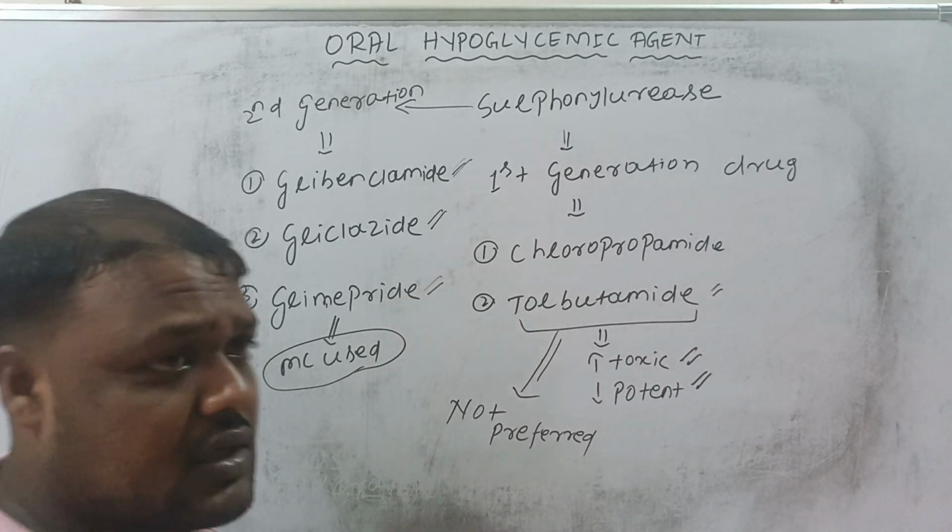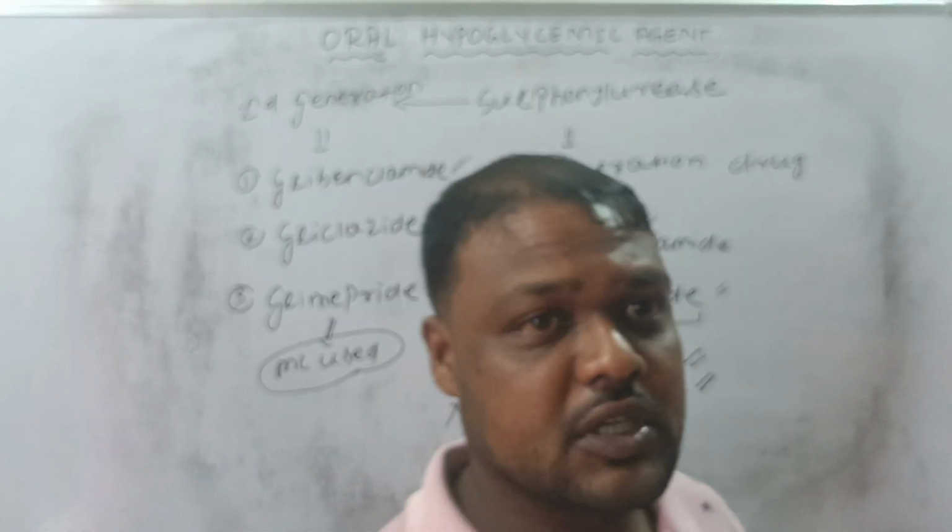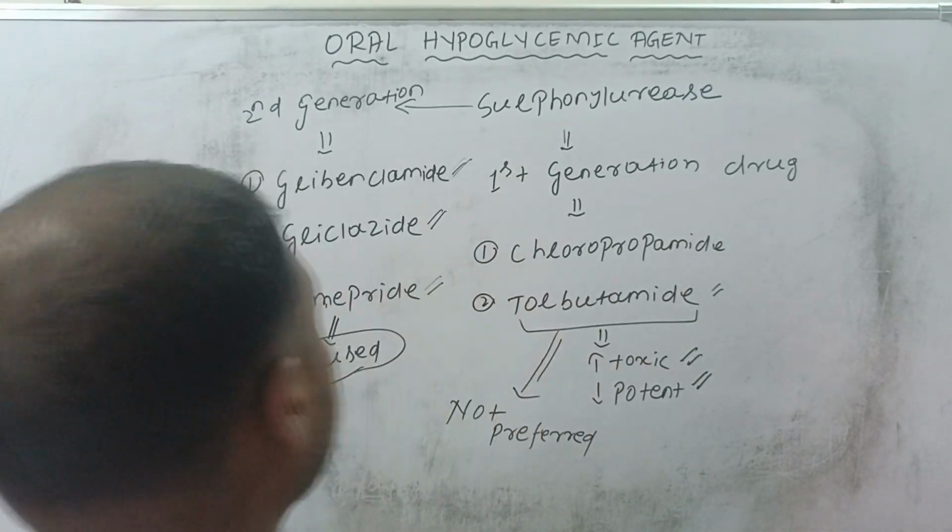Then another type of oral hypoglycemic agent is meglitinides.